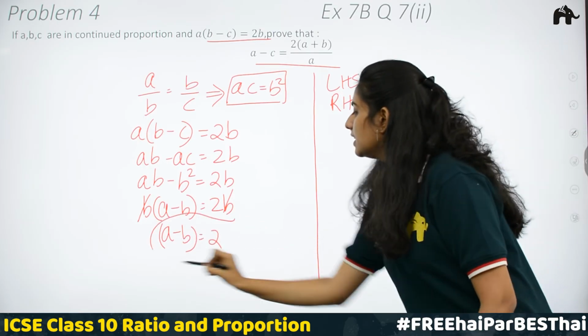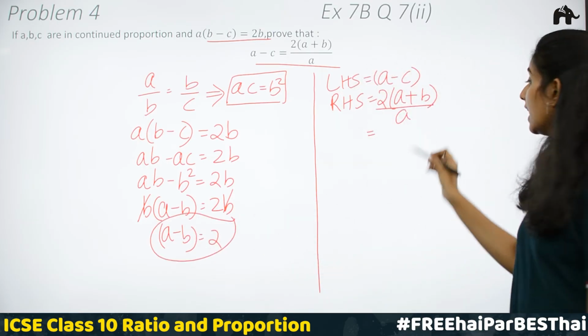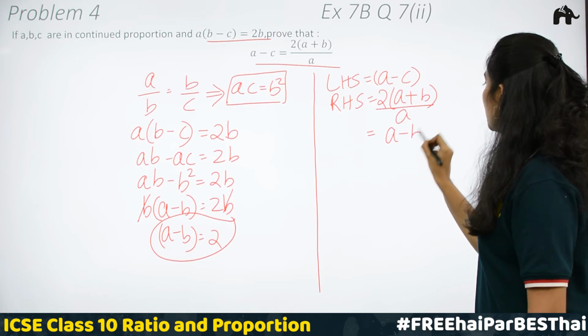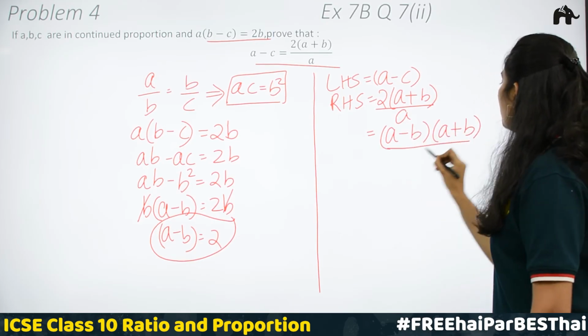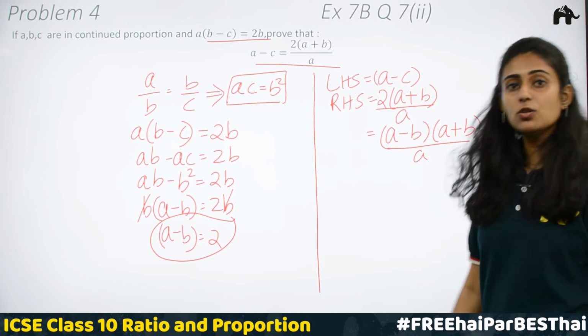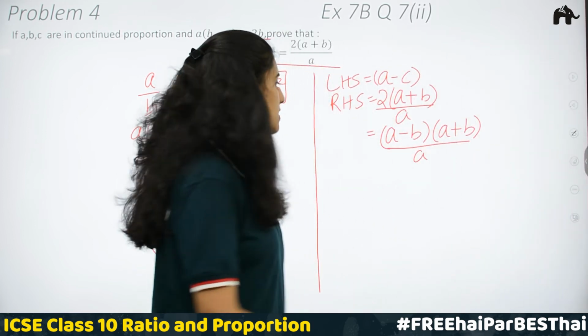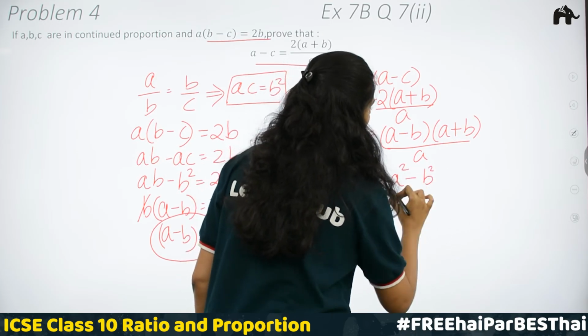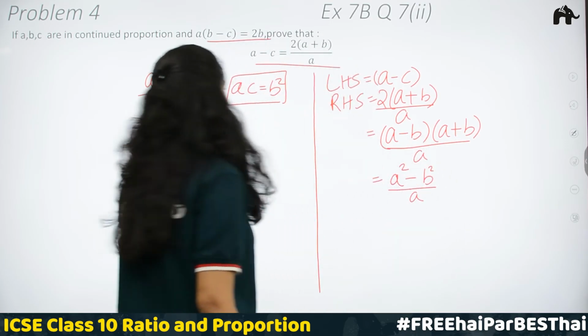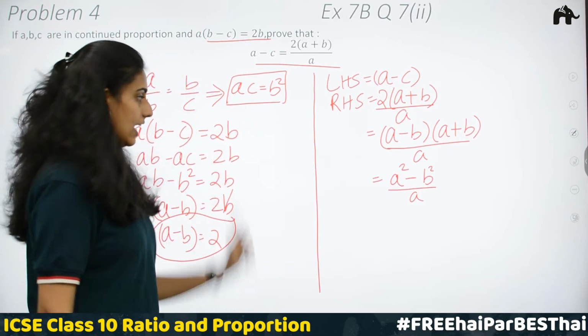Substituting this here, we get (A minus B) into (A plus B) divided by A. A minus B into A plus B is A square minus B square. A square minus B square divided by A. We have B square is equal to AC.